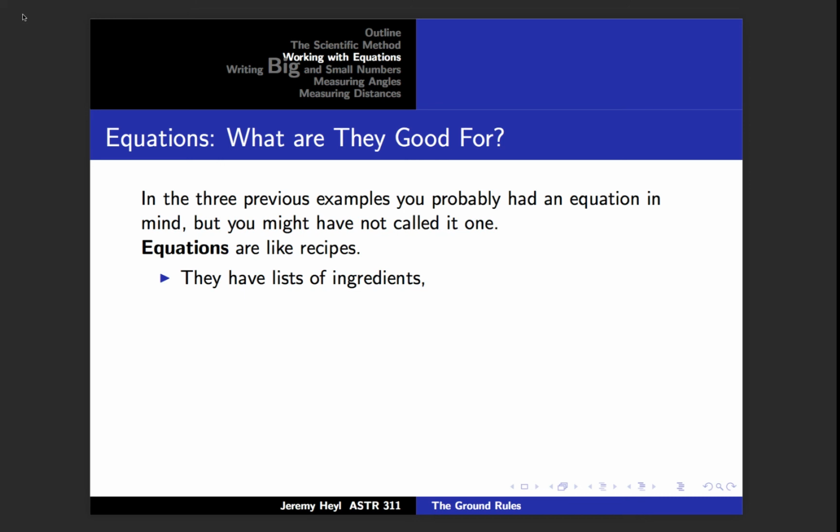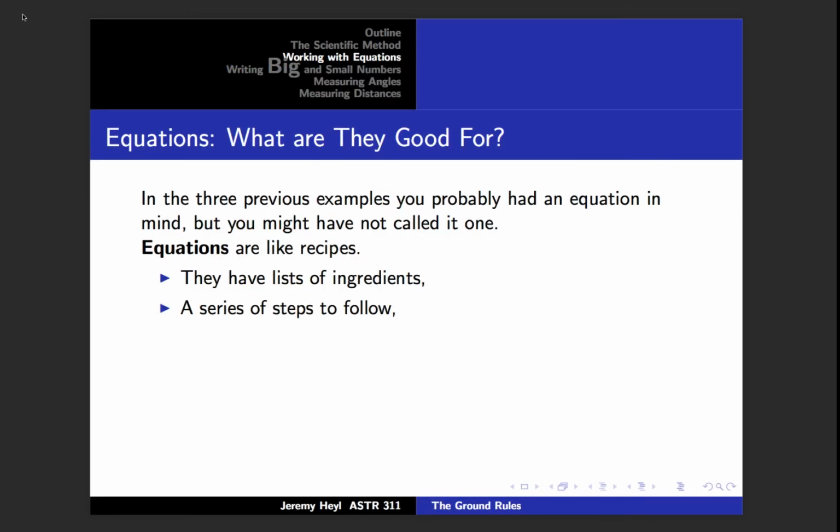We're stuck here on the earth and we're trying to understand the other side of the universe. Often we don't worry about whether it is really precisely equal. I'm not going to worry about that. I'm already doing a good job. So we have an equation. And you can think of an equation like a recipe. They have different ingredients that you need to put into the recipe, the power of the sun, the distance to the sun, for example.